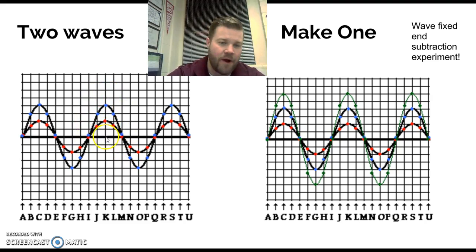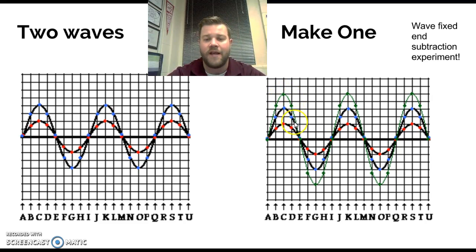And so you notice I'm up 1, 2 boxes here in the middle at the letter K, and 1, 2, I'm up 4 boxes at the letter K for this blue wave at that specific location. What I have over here to our right is the green resultant wave. So the 2 plus the 4 is going to give us 6.